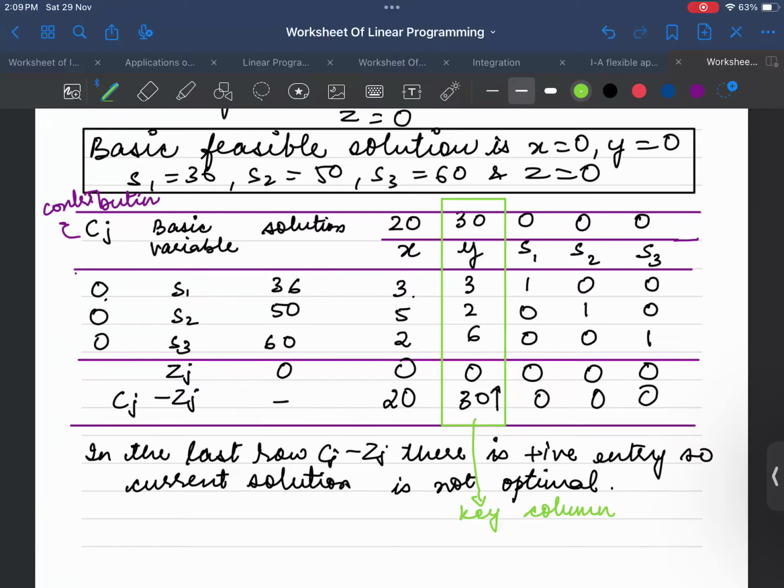Now, let me explain you one more concept. One more column which we need to add, that is of ratio.